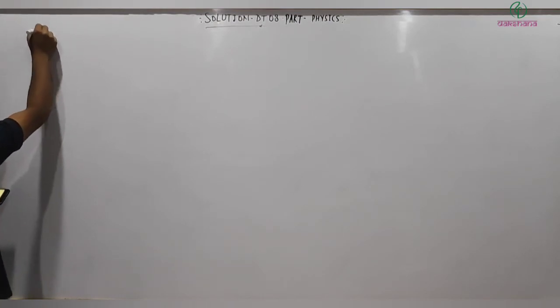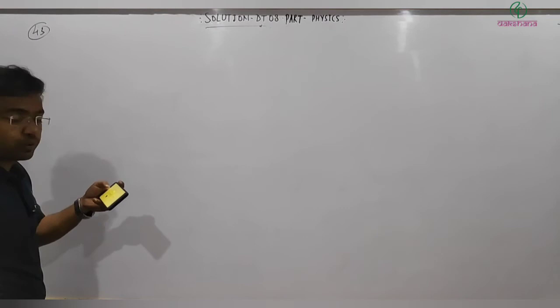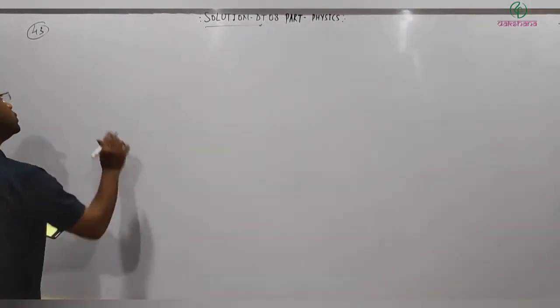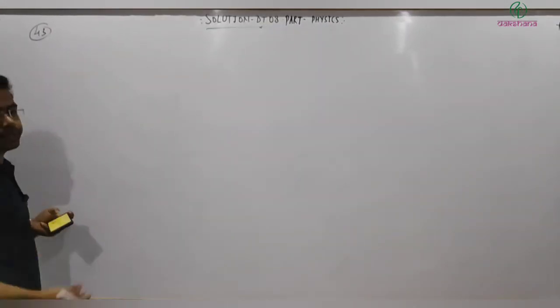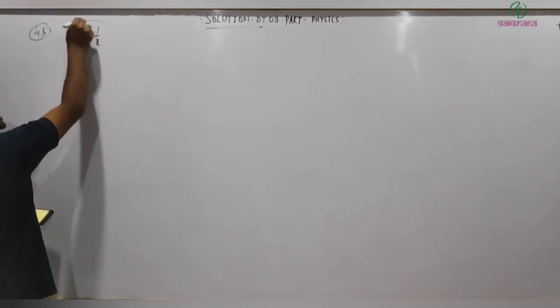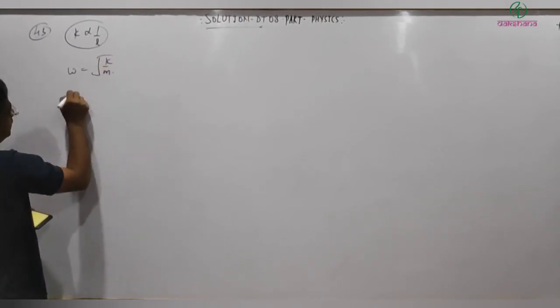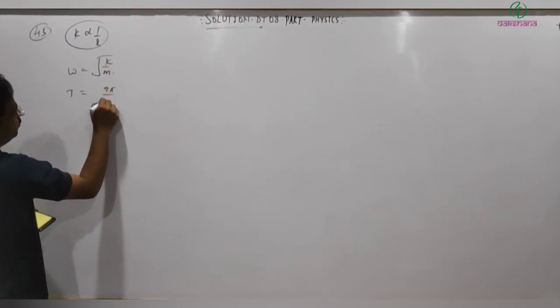Okay, next question number 43. It's saying spring block system, the length of the spring is reduced by 1%, what happens to the time period? So first, we need to find how length is related to time period. k is inversely proportional to length, omega is root k by m, and time period is 2 pi by omega.